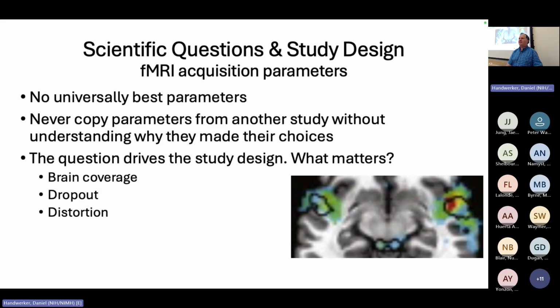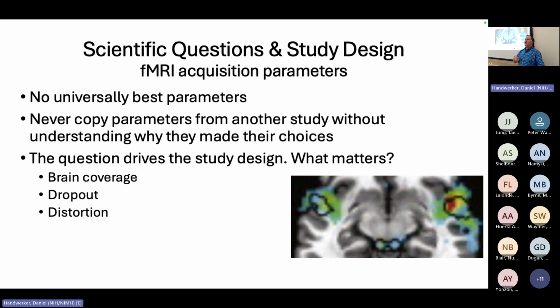Every fMRI scan has distortion. There's what your brain actually looks like, and there's what the images are collected as. Very often things can be shifted to the left or the right, or warped up and down, depending on what you're doing, or warped in less controlled ways.